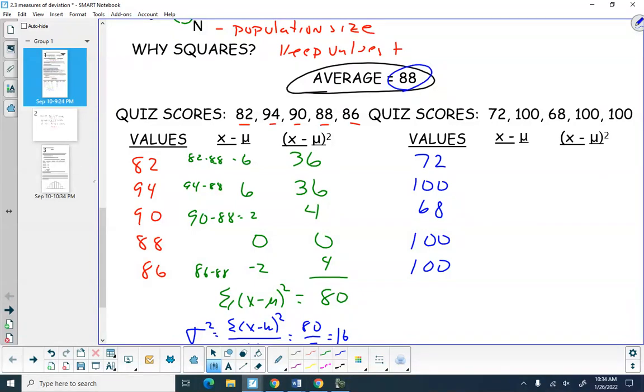So I can go 72 minus 88, put my answer down there, hit my square button, put my value there. So calculate your variance with your second group. Nice thing about the second group is you get a bunch of repeaters.